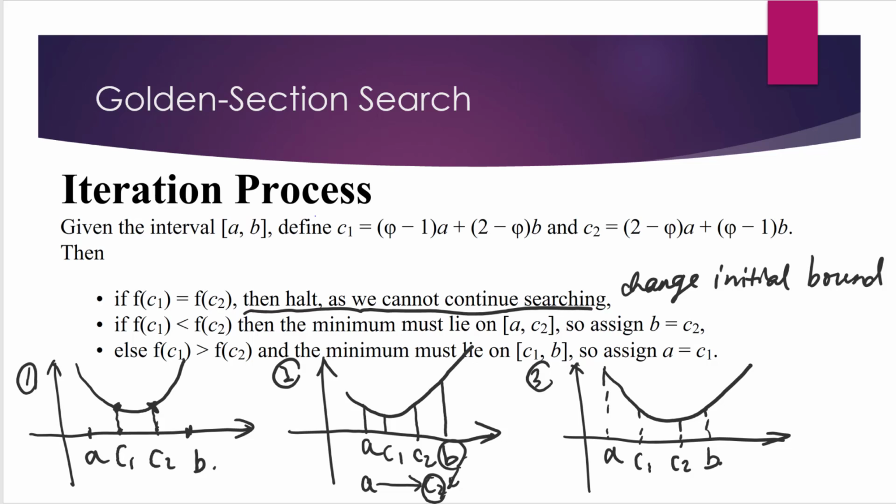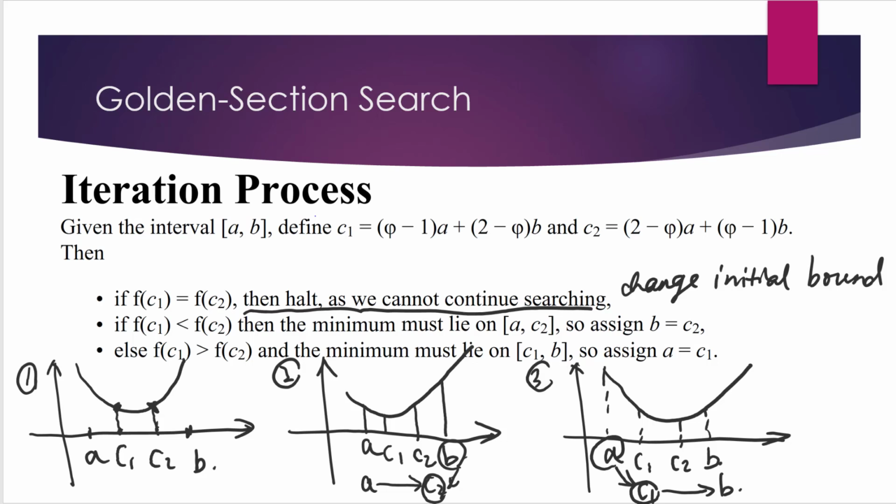You can see f(c1) is larger than f(c2), then we know that the minimum must be from c1 to b, right? Then we can make the value of c1 the new variable a, right? So a will be updated. This is the third scenario.